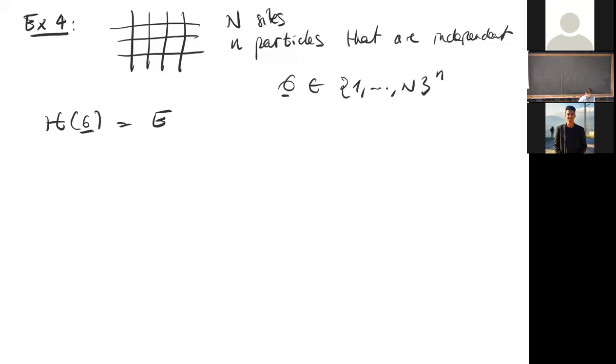So now I would like you to compute the entropy of this system. And by entropy, I really mean the Shannon entropy associated to the Boltzmann distribution of this system.